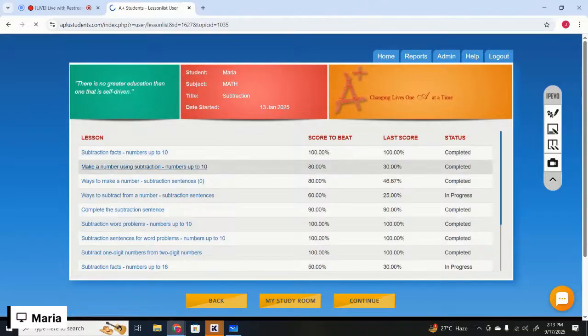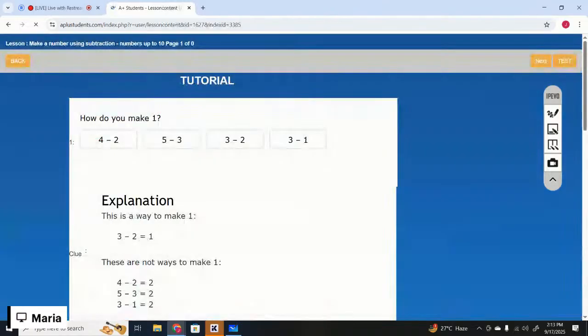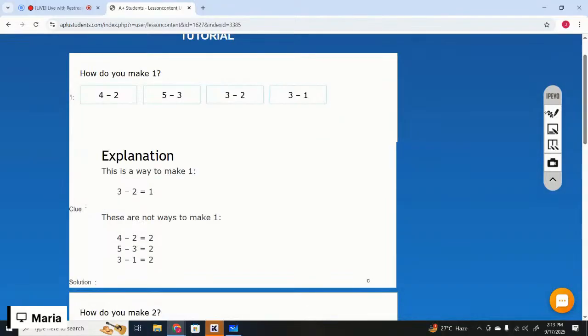Make a number using subtraction, numbers up to 10. How do you make 1?